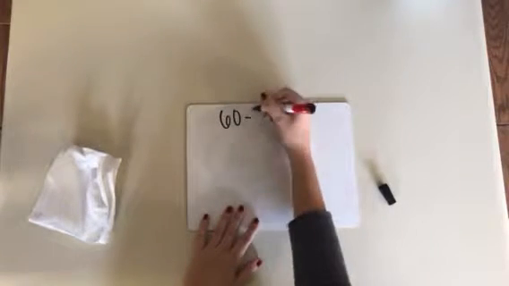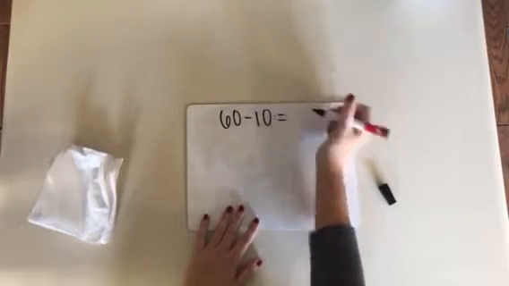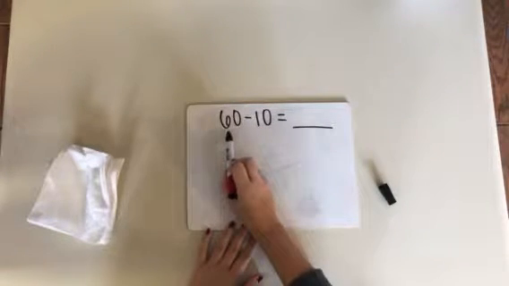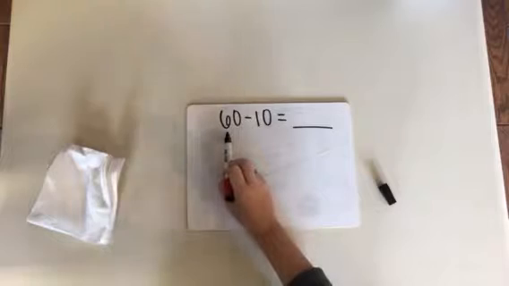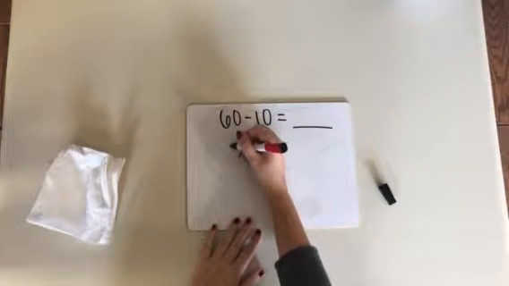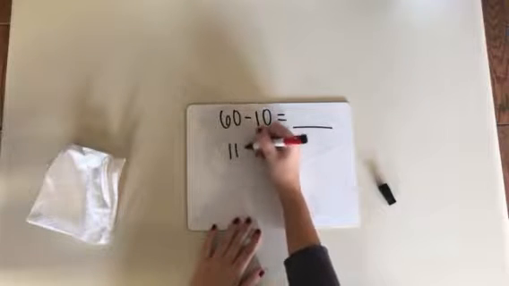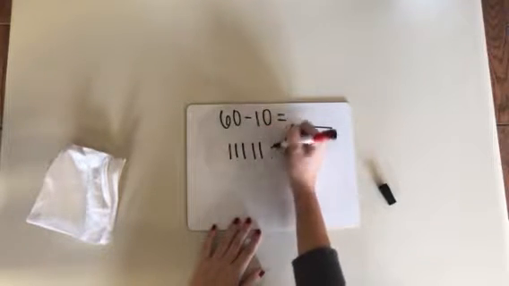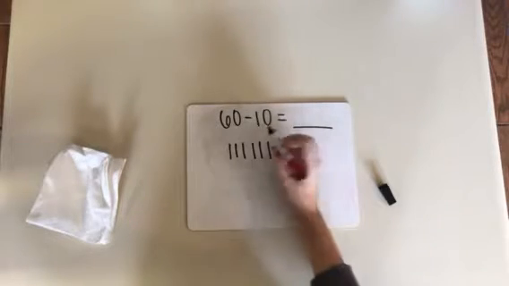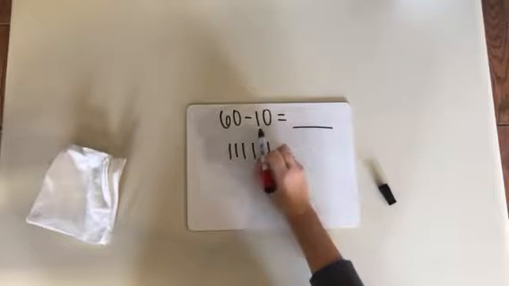60 minus 10 equals blank. We're going to look at the first number, which is 60, and we're going to look in the tens column, which is a 6. We're going to draw 6 10 sticks, which is 1, 2, 3, 4, 5, 6. We're taking away 10, or 1 10 stick, because in the tens column it's a 1.